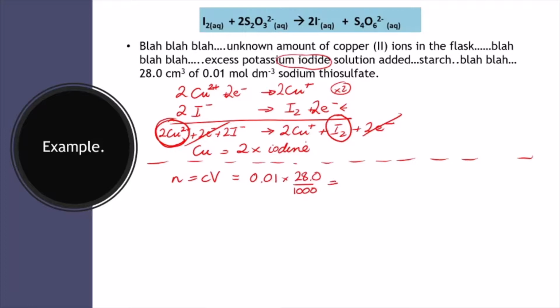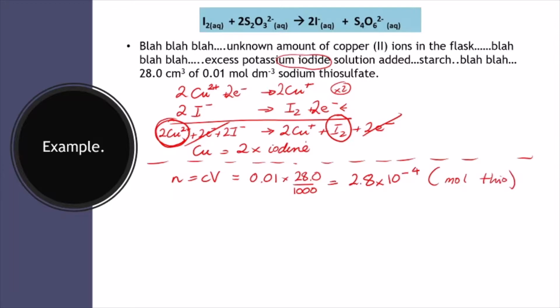So 0.01 times 28 divided by 1000 is 2.8 times 10 to the negative 4. Just to remind ourselves, that's how many moles of thiosulfate were added.